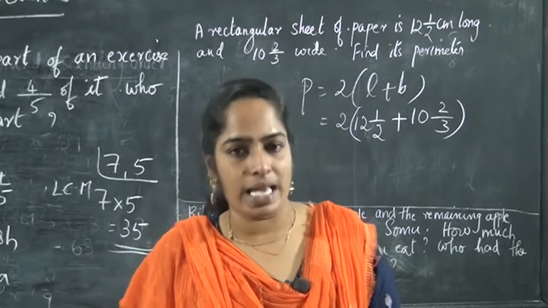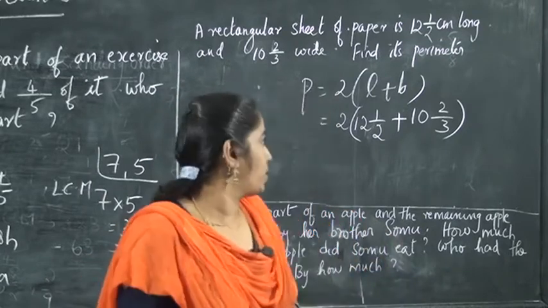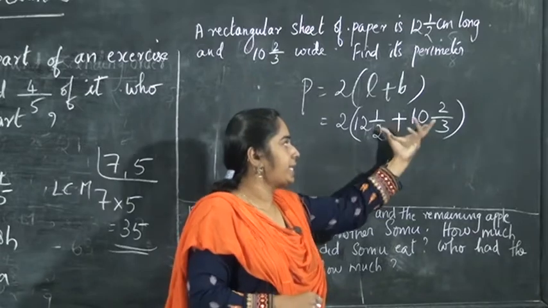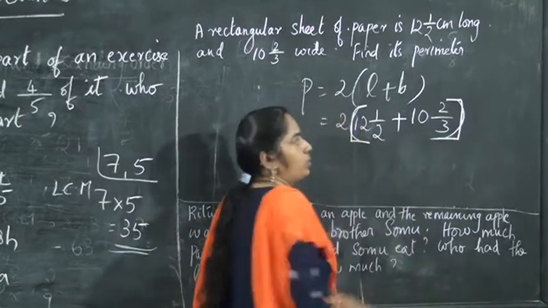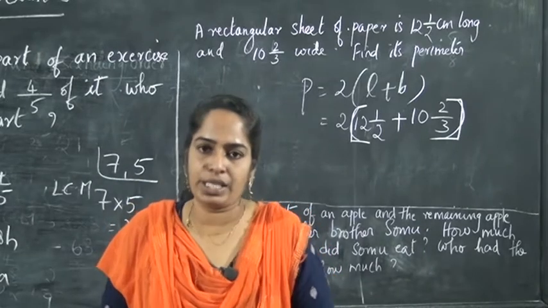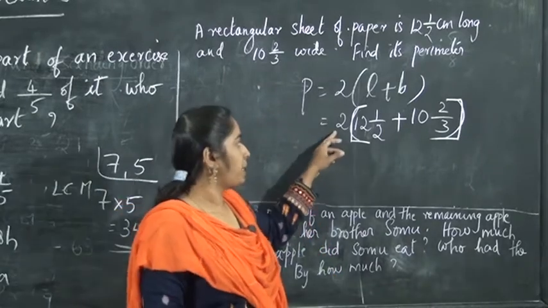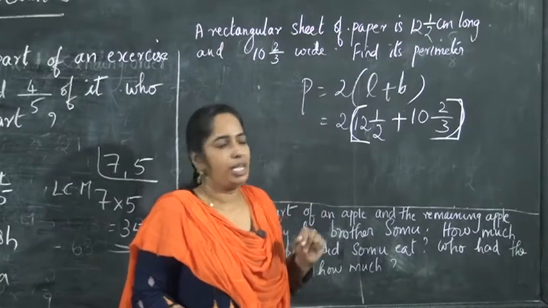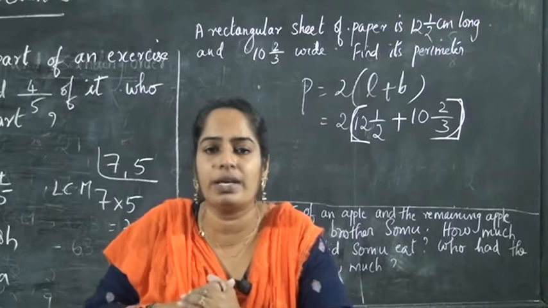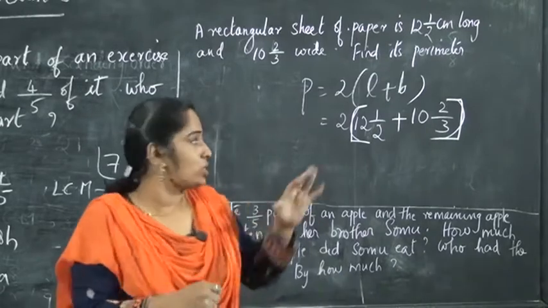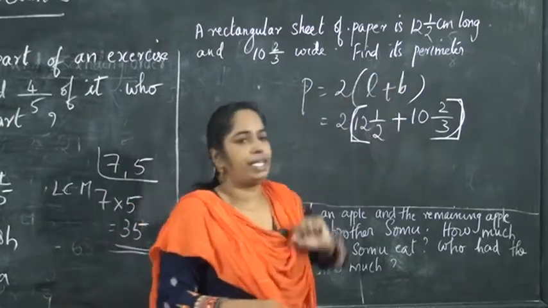The addition of 12 1 by 2 and 10 2 by 3 is inside the bracket. So first we find that addition and then we must multiply it with 2.